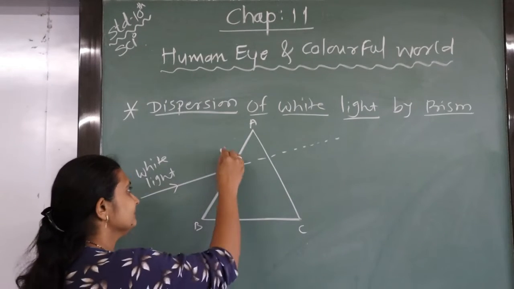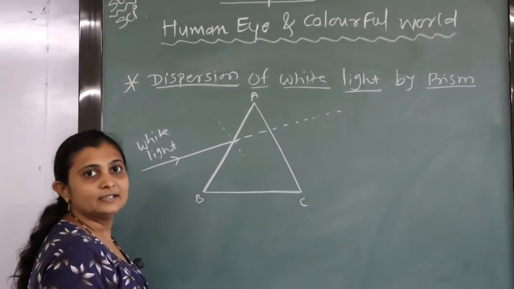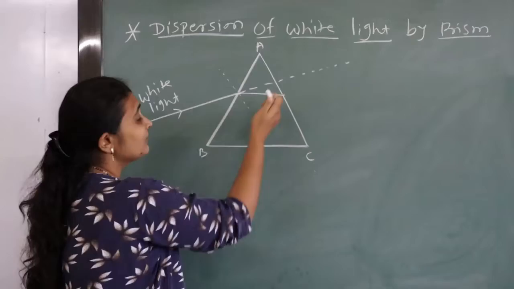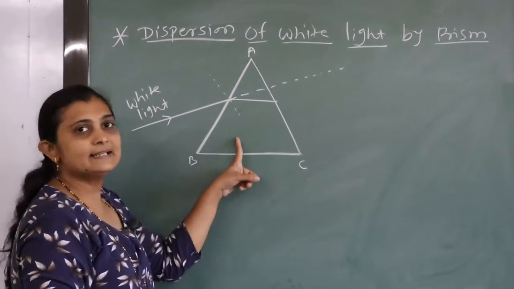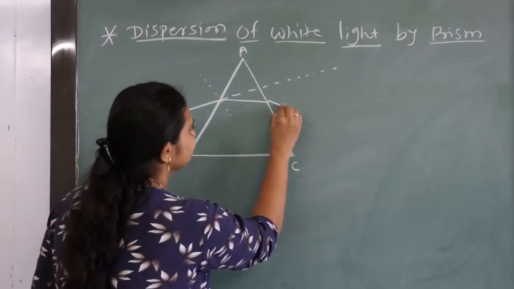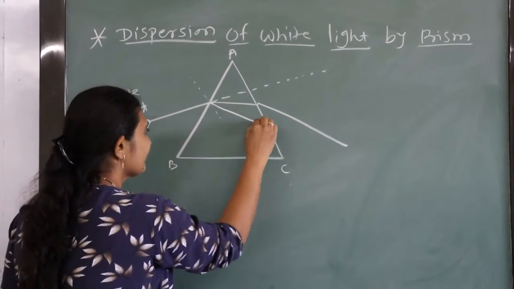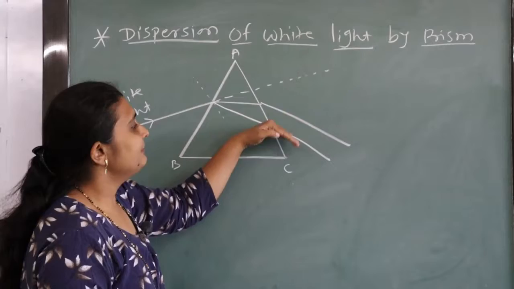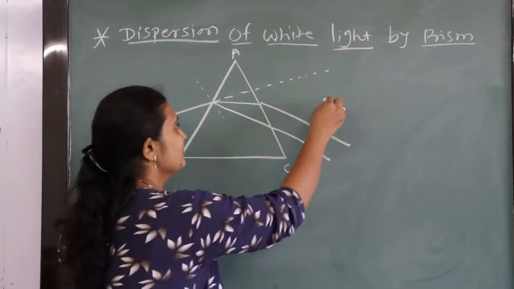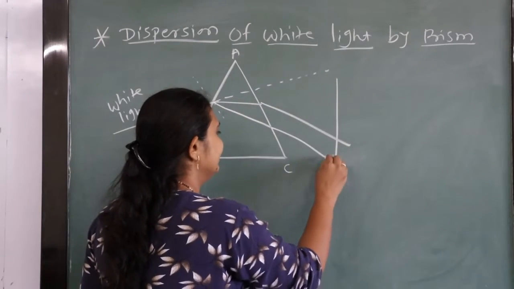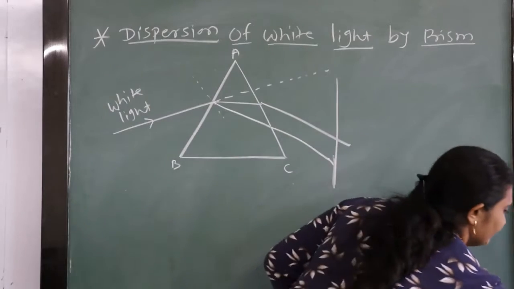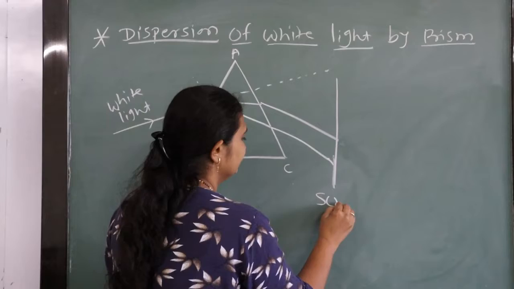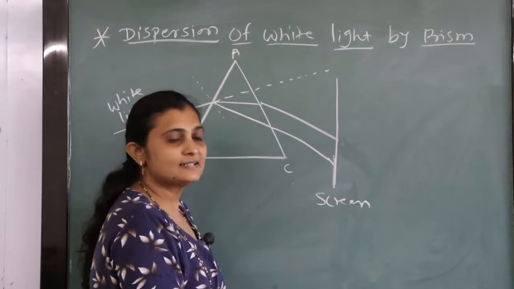Now what happens on surface AB? Suppose we consider the normal, this light bends towards the normal in the denser medium, and in this way we get a band of 7 colors. Suppose we put a screen here.